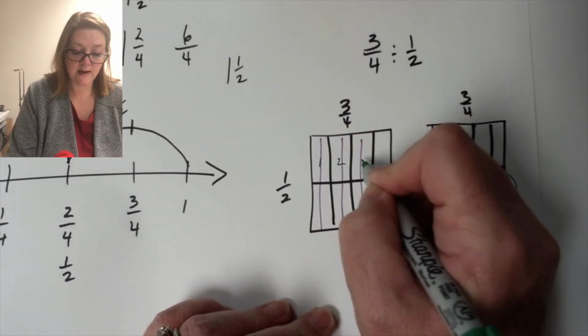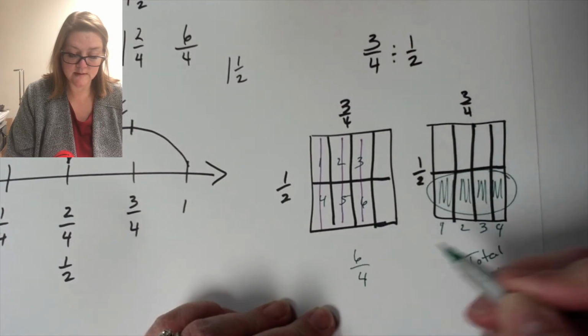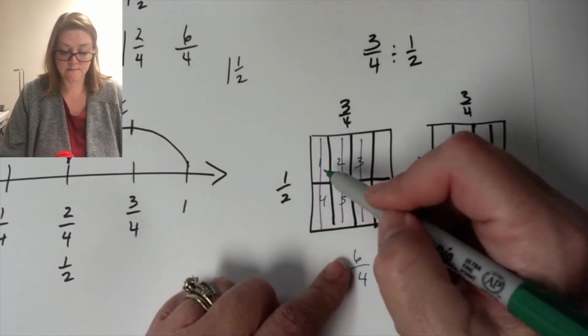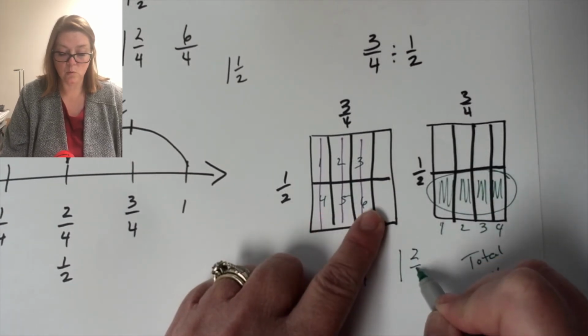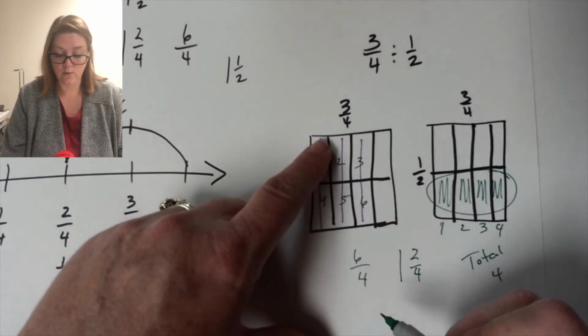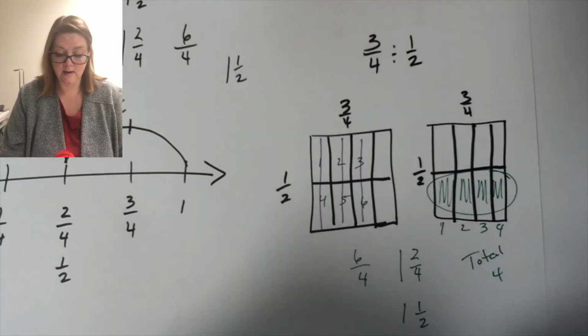How many pieces do I have here? 1, 2, 3, 4, 5, 6. So it's 6/4. But I can say 1, 2, 3, 4 is 1 2/4. Or I can say it's 1 1/2.